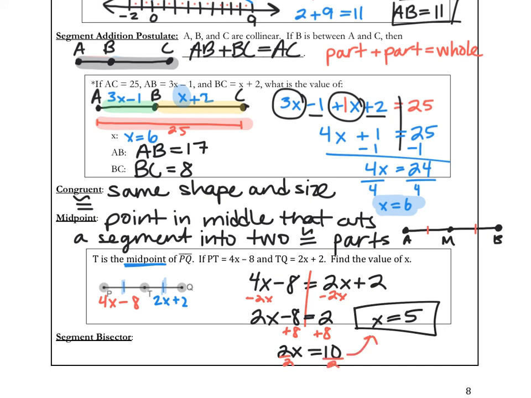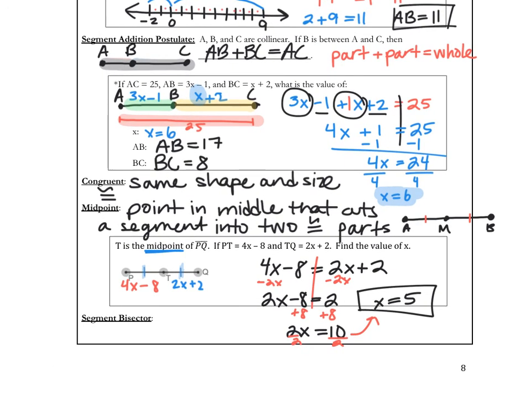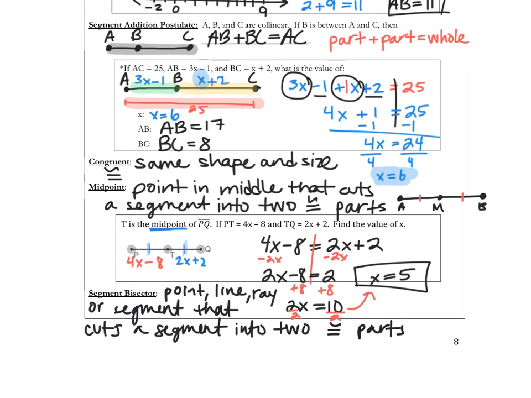And we get this. Last vocab today is a segment bisector, which is a point, line, ray, or segment that cuts a segment into two congruent parts. So we have something like this, a segment here.